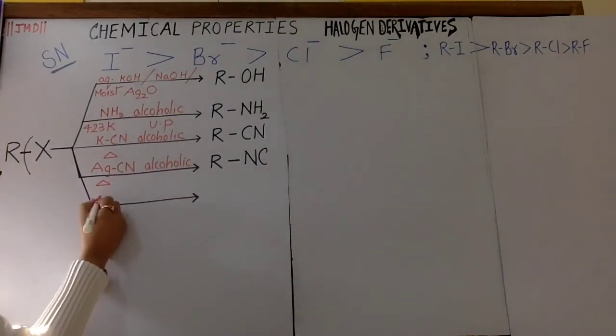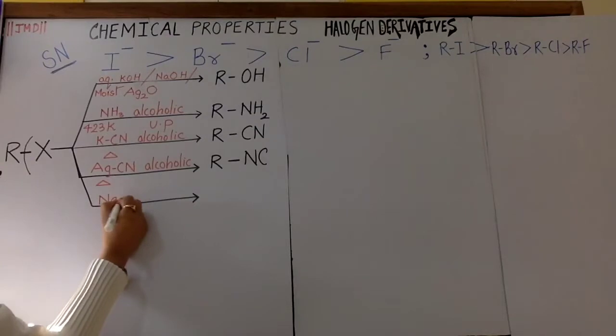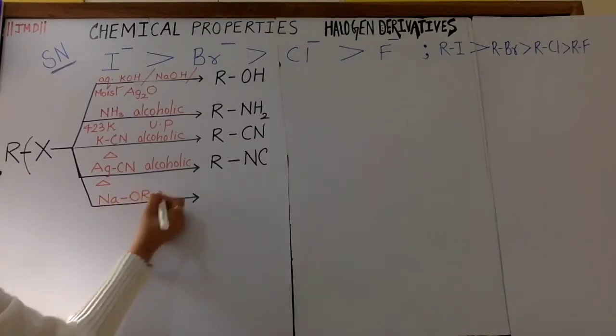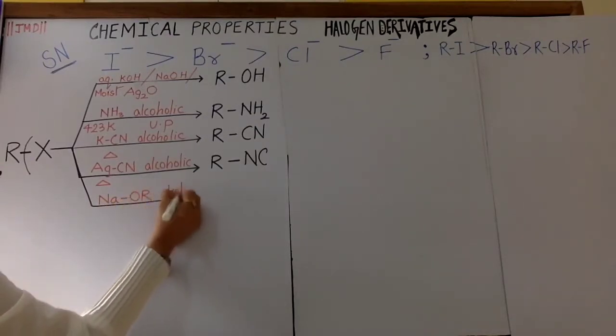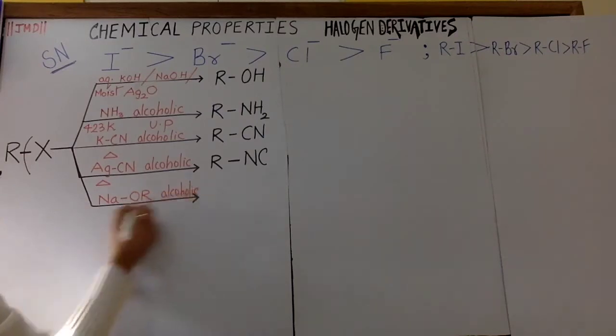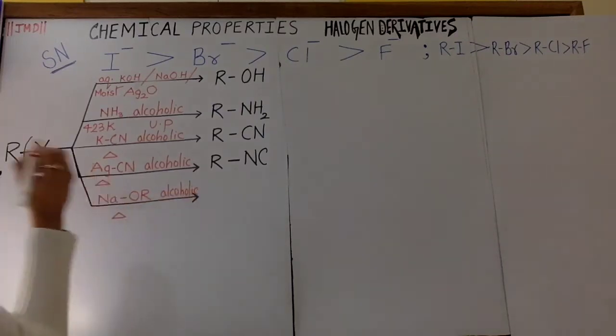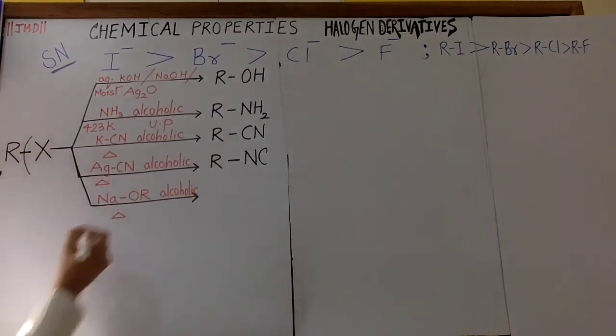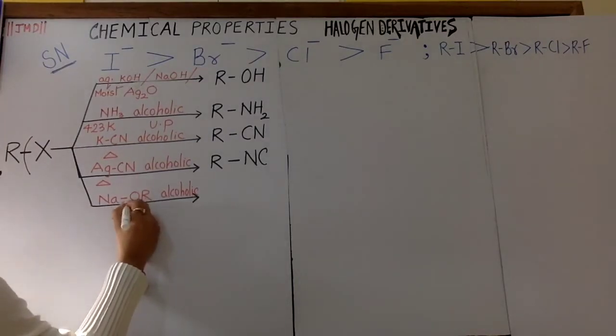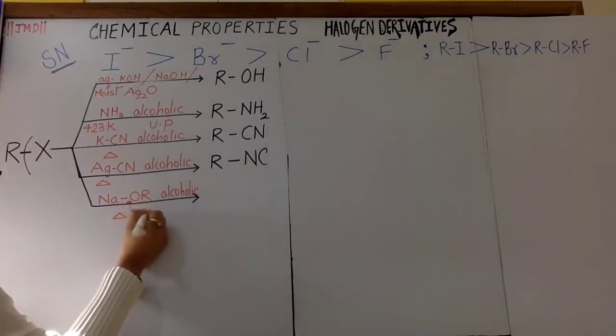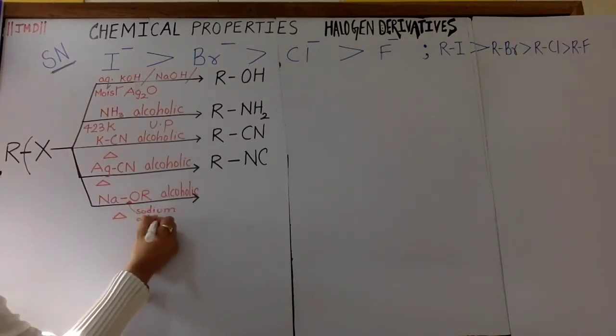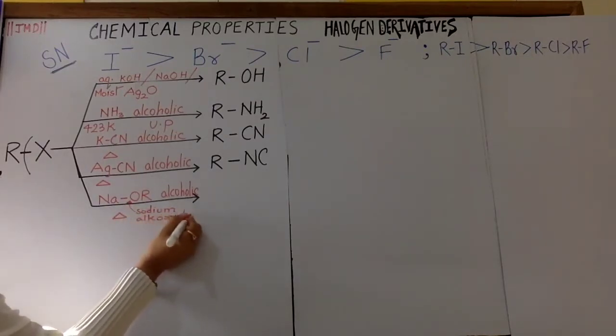Similarly, alkyl halide on reaction with sodium alkoxide, alcoholic, heat. The name of this molecule is sodium alkoxide.